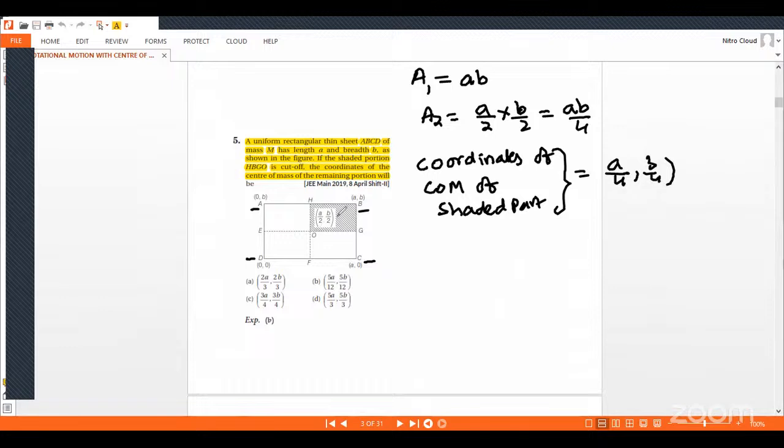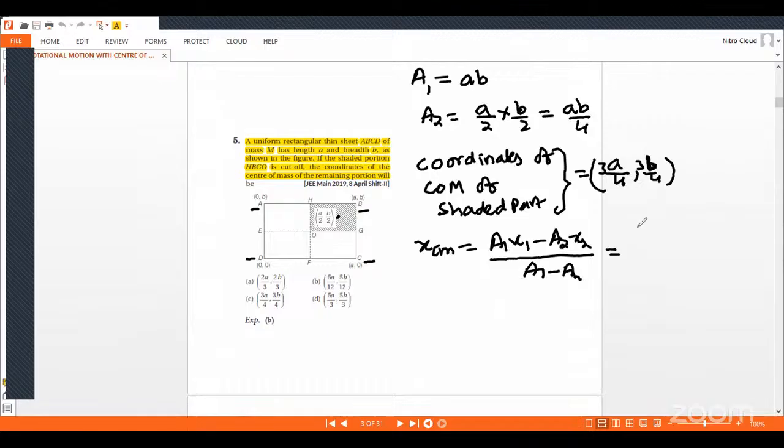Here it is. Okay. So A minus A by 4, 3A by 4 comma 3B by 4. Okay. So by using the center of mass, xcm equal to a1x1 minus a2x2 divided by a1 minus a2.